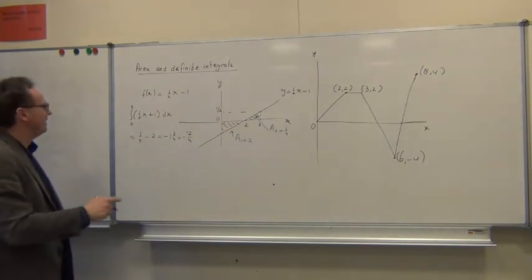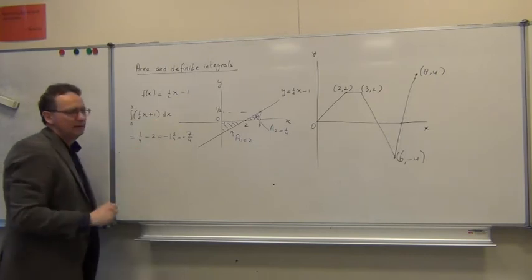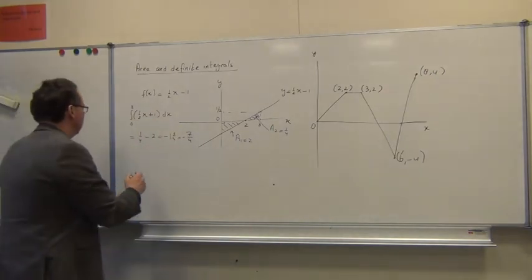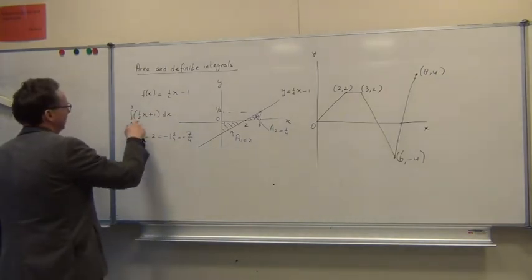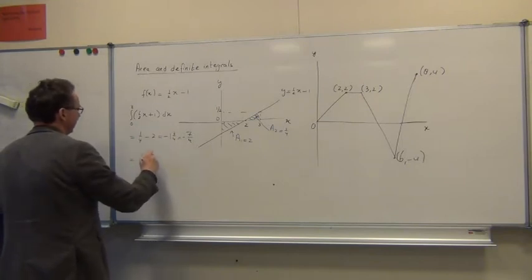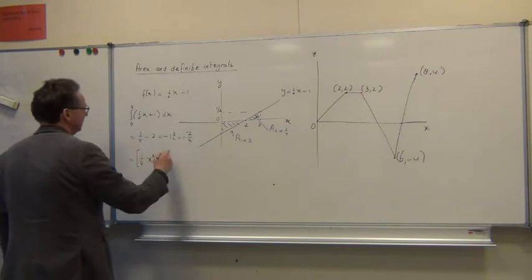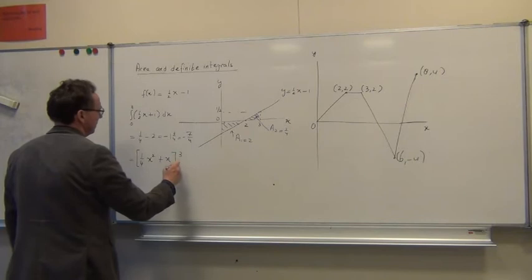We can of course check that by doing the calculation, since we are able to find the antiderivative. Oh, it should be half x minus 1, of course. So the antiderivative is 1/4 x squared minus x, and then the boundaries 3 and 0.